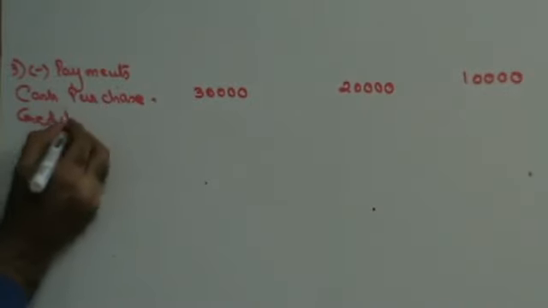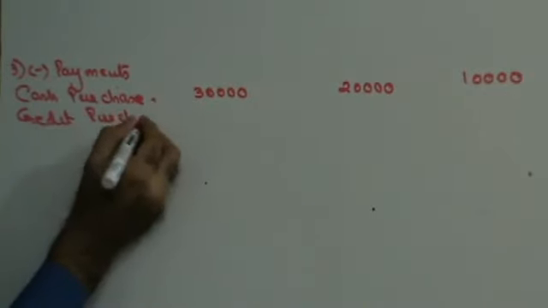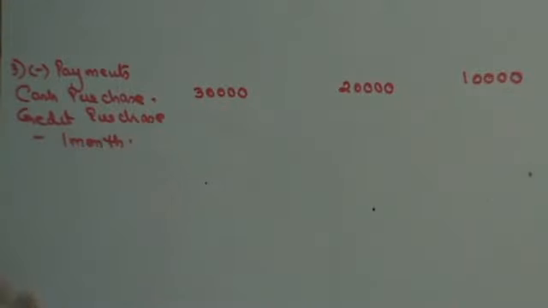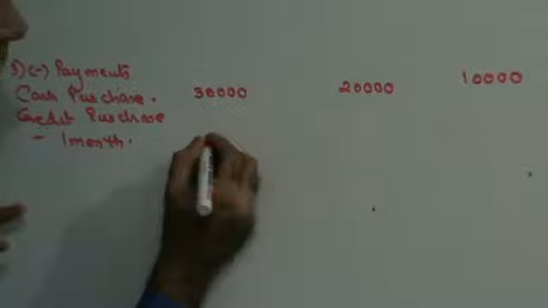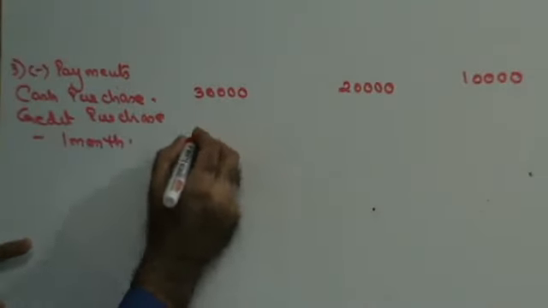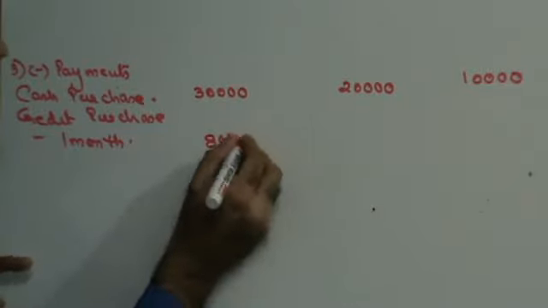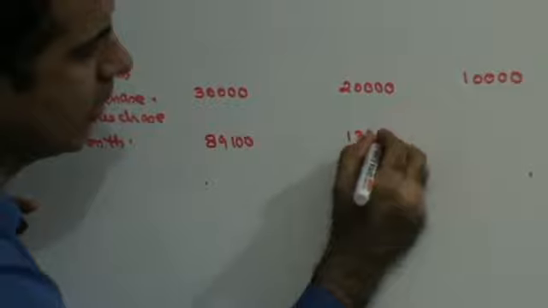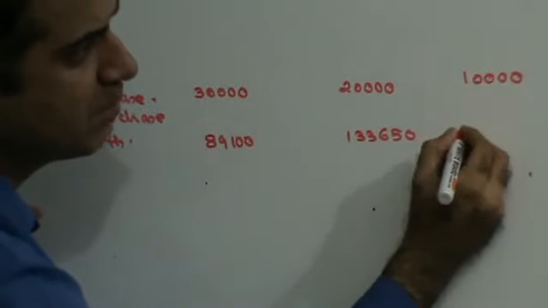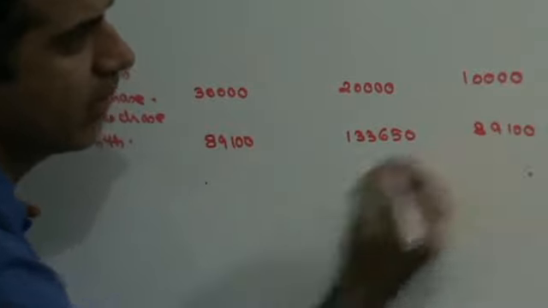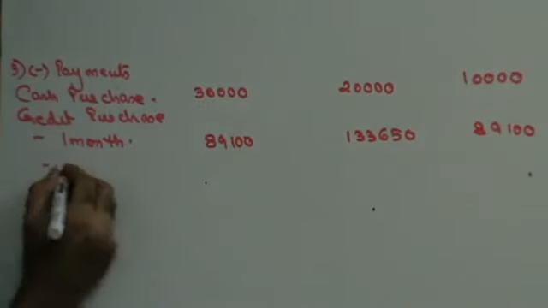Credit purchase, 1 month. 1 month credit purchase means December's payment I will make in Jan, which is going to be 89,100. Jan's payment I am going to make in Feb, 1,33,650. Feb's payment I am going to make in March, that is 89,100 again. Right? Then 2 months.